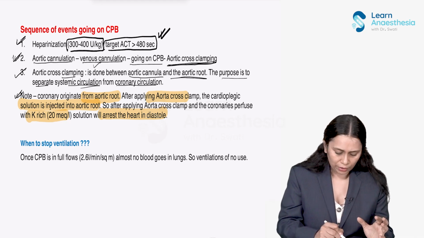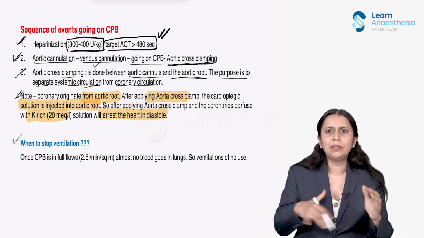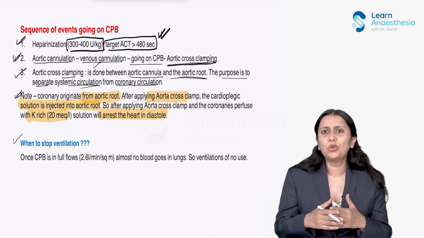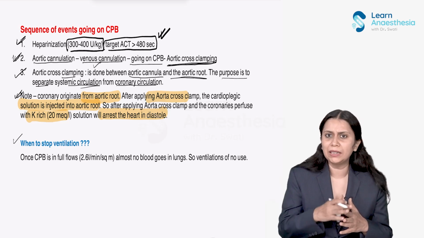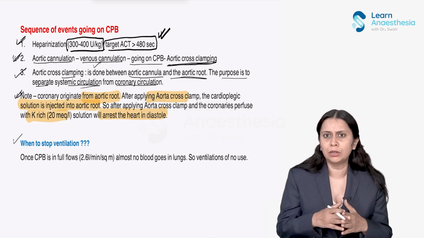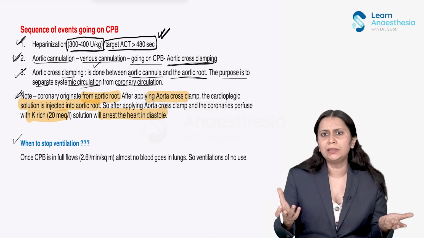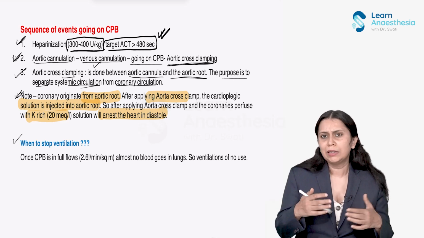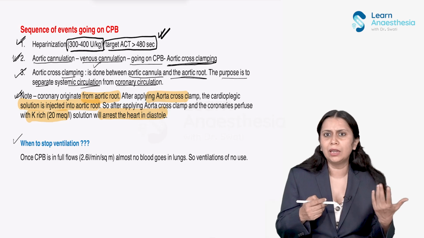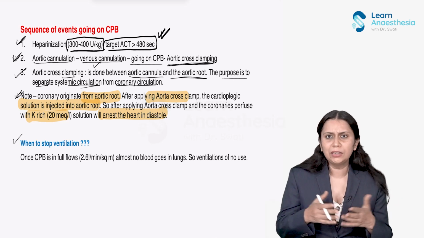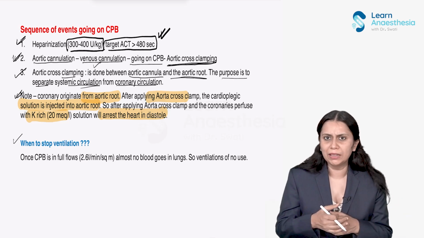So after putting the patient on CPB, when do we stop the mechanical ventilation of the patient? Well, if there is no blood going from the heart into the lung, then there is no point in continuing mechanical ventilation.